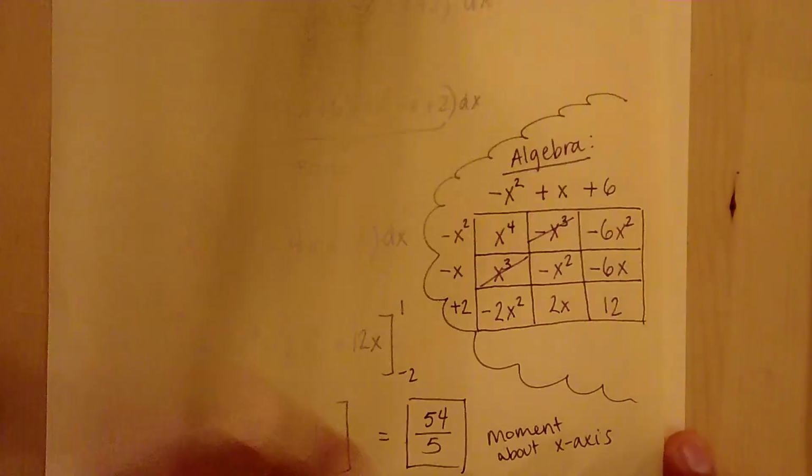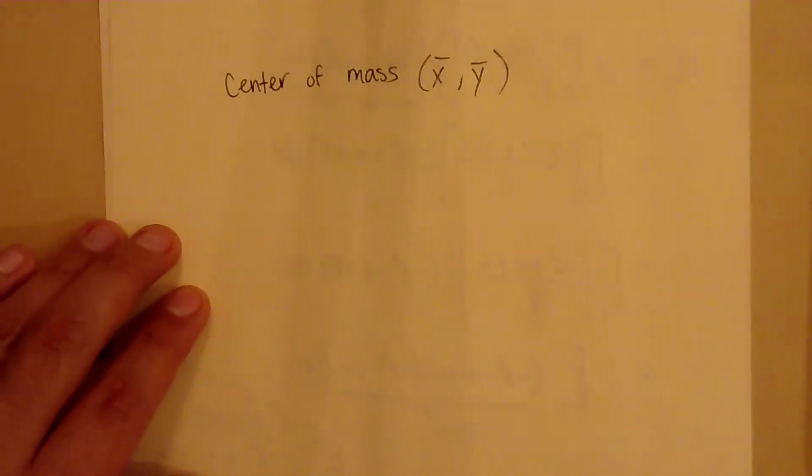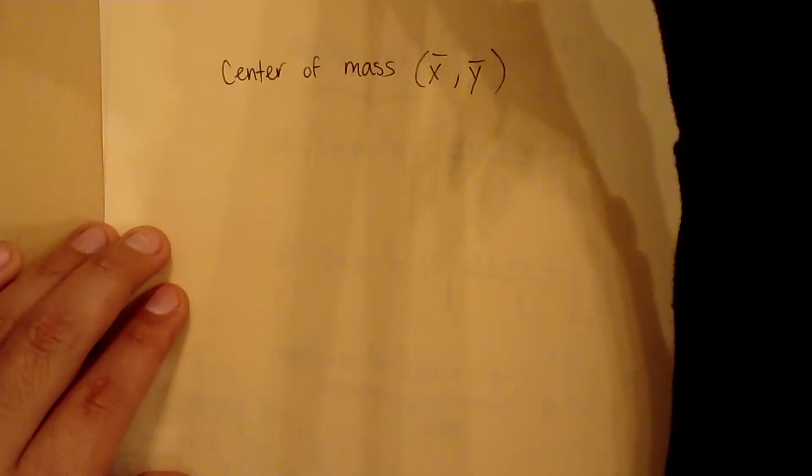Okay. So putting it all together, the center of mass, x bar comma y bar, and that is terrible in terms of clarity. Let's see if I can try this again.